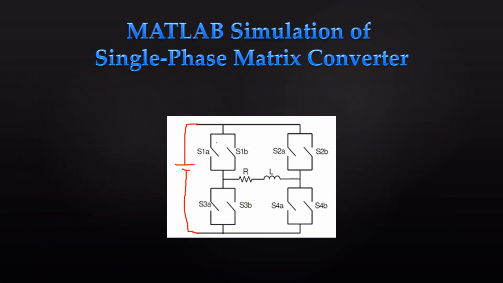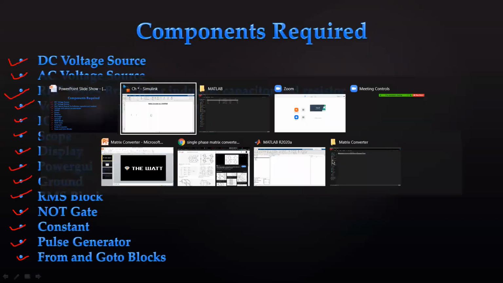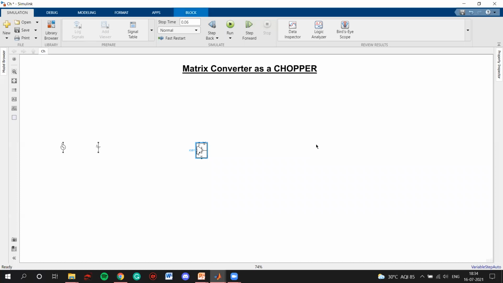These are known as anti-parallel connections, right? S1A is facing downwards, and S1B is facing upwards. Similarly, this is downwards and this is upwards. So this connection is known as an anti-parallel connection, right? So let's move on. Let's make one anti-parallel switch, right? So this is an anti-parallel connection. This one is going down and the right one is going up. So let's copy paste them.